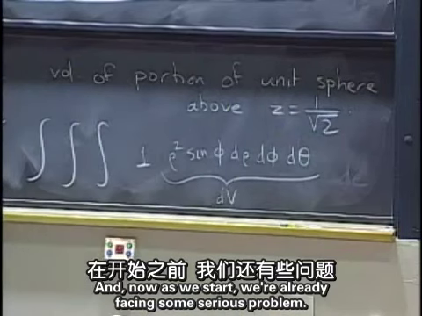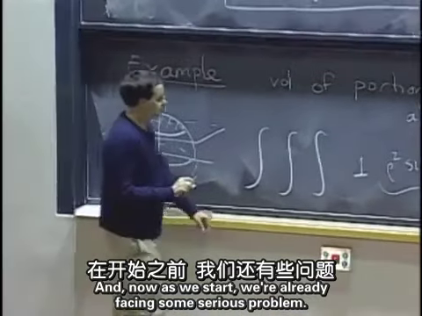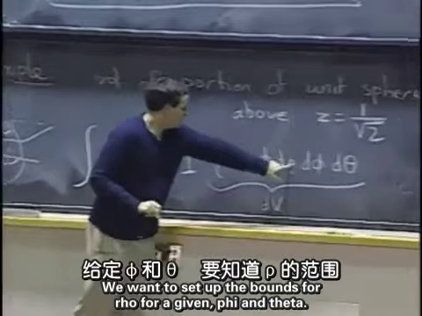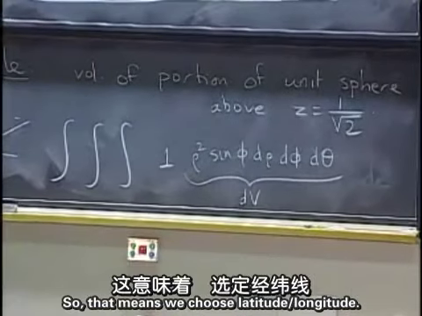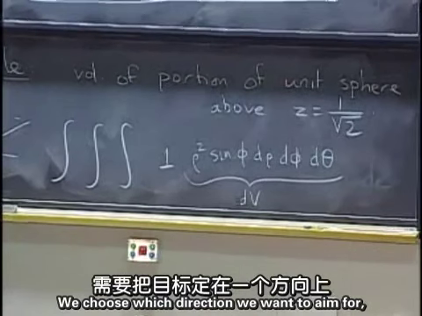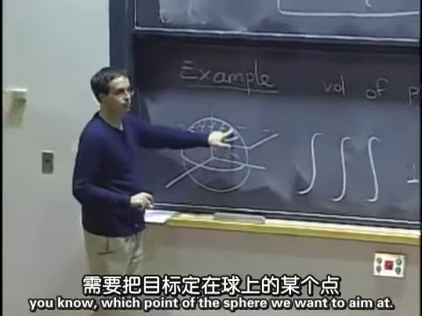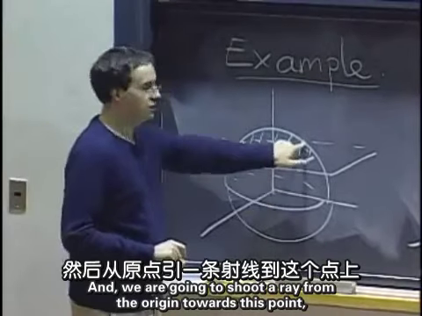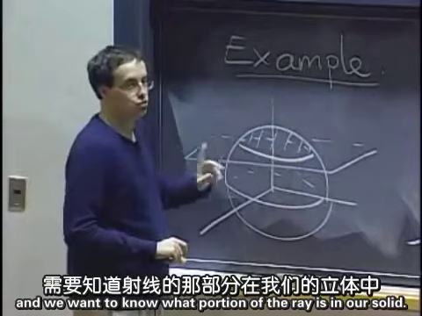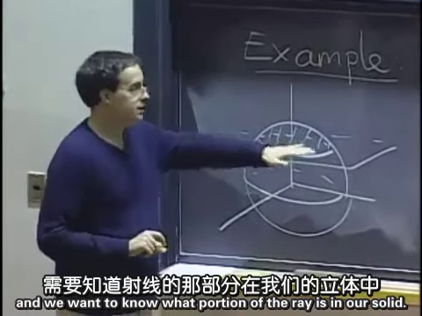And now, as we start, we're already facing some serious problem. We want to set up the bounds for rho for a given phi and theta. So that means we choose latitude, longitude. We choose which direction we want to aim for, which point of the sphere we want to aim at. And we're going to shoot a ray from the origin towards this point, and we want to know what portion of the ray is in our solid.